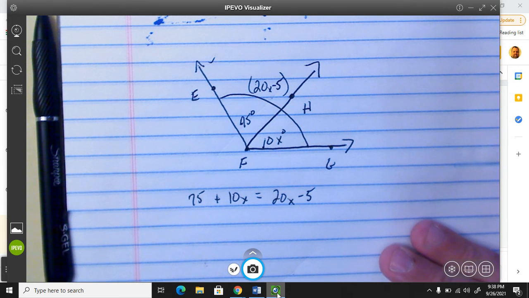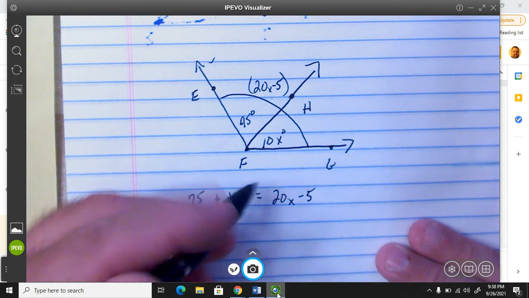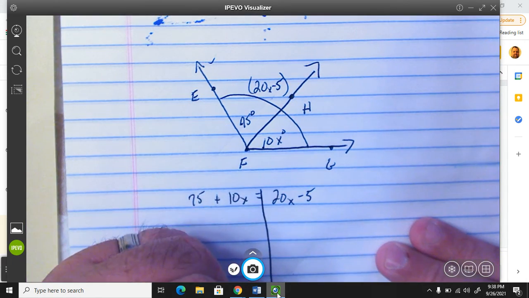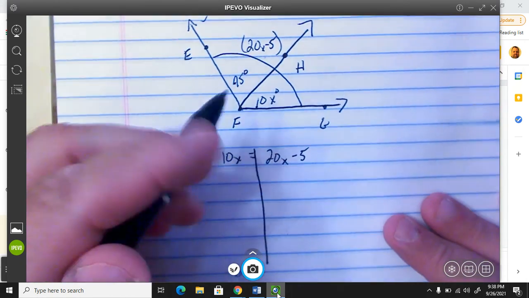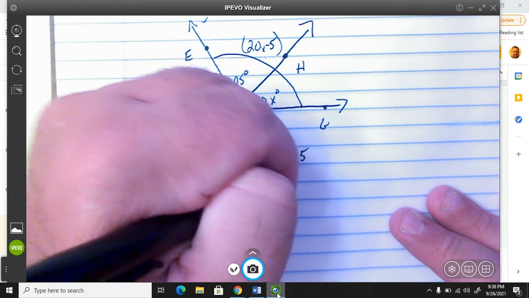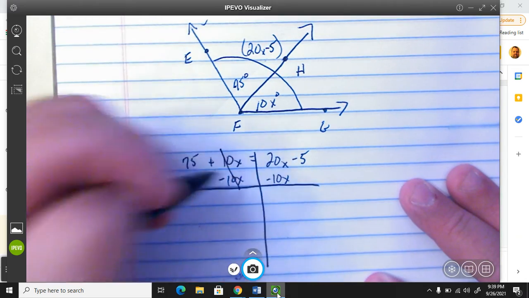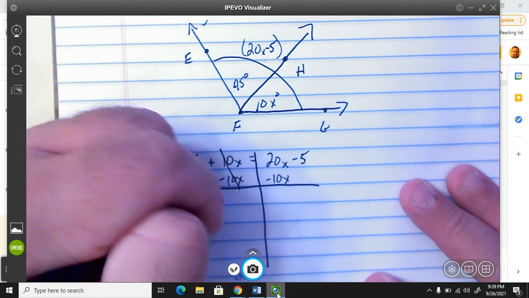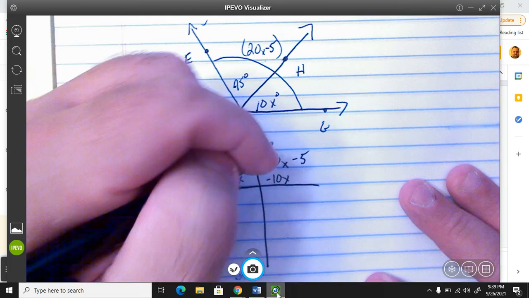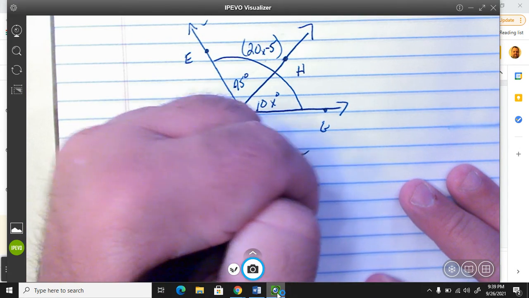Okay. So I have variables on both sides. I need to take care of that first. So I'm going to move the smallest one. So I'm going to subtract 10x. That cancels each other out. 20 minus 10 is 10x.